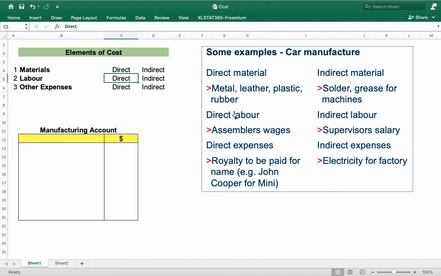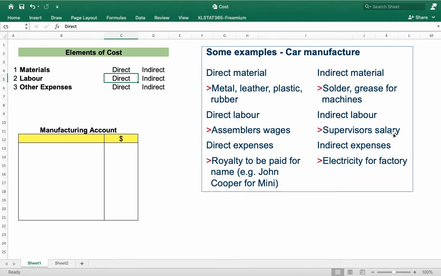See here in the PPT. Direct labor means assemblers' wages, the people who are assembling the car. Whatever payment you make to those people is called direct labor. But in the factory, you need a supervisor also, right? To see that all the workers are working properly or not.